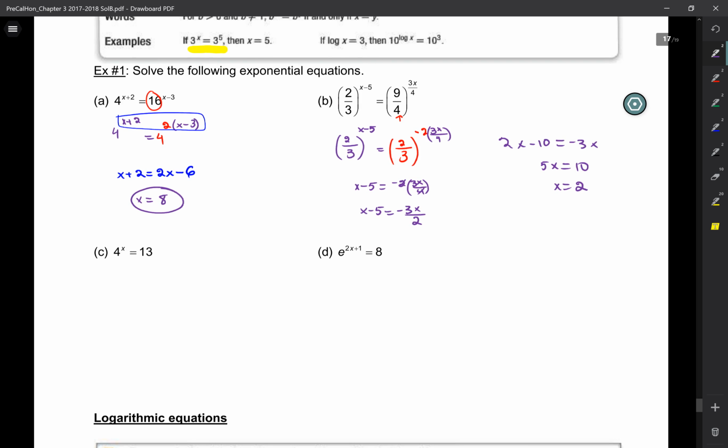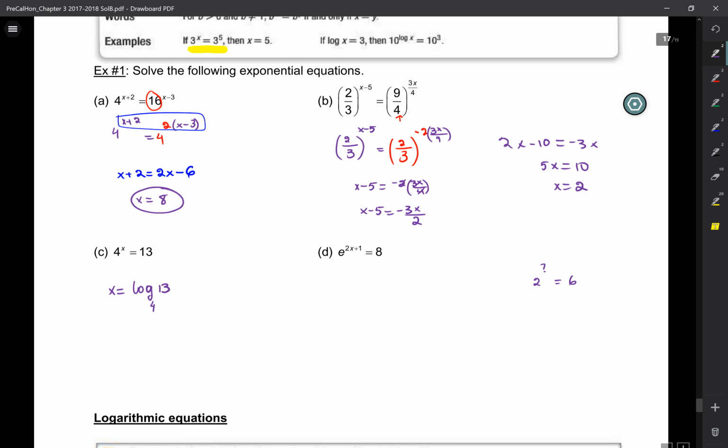Remember at the very beginning of this chapter I said, I have 2 squared, 2 to the 2 is 4, 2 to the 3 is 8. Well, 2 to the what? Remember I said 2 to the what would give you 6, and then I said that's a logarithm. So the exponent is a logarithm, right? So the exponent x is the logarithm base 4 of 13.